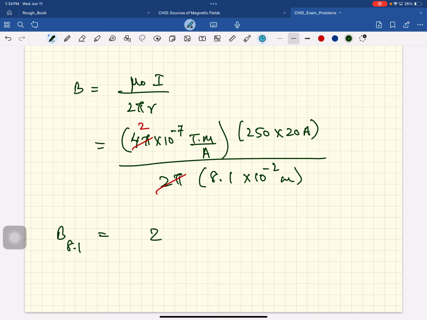So 2.5 times 20 times 10 to the minus 3 Tesla divided by 8.1.